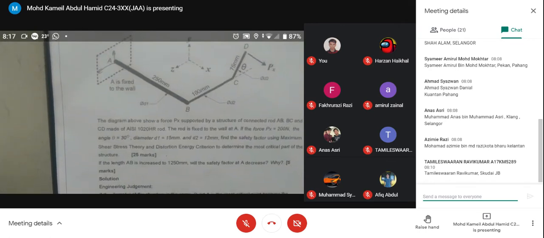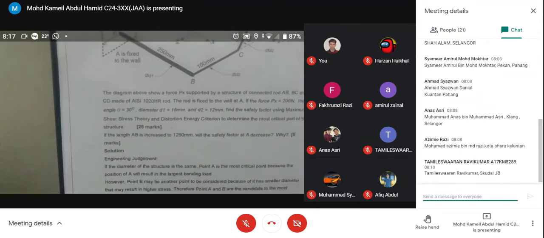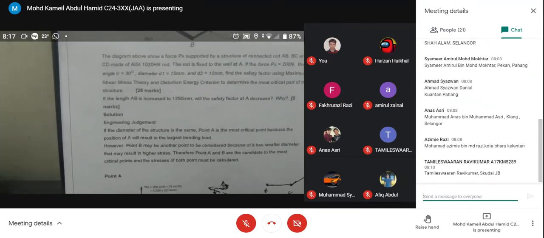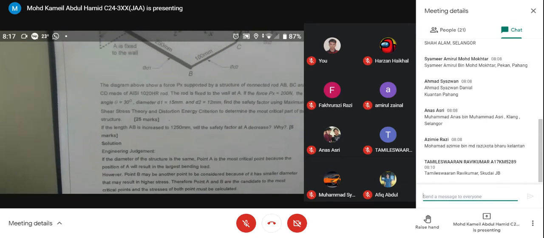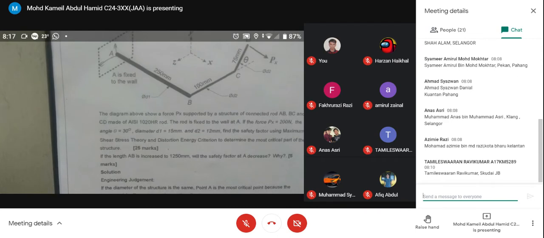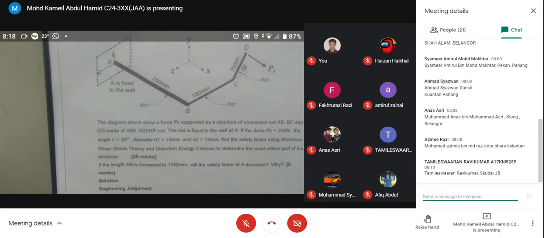If the length AB is increased 1250, will the safety factor increase? Why? Okay, we will go through the solution. Engineering judgment solution. If the diameter of the structure is the same, point A is the most critical.